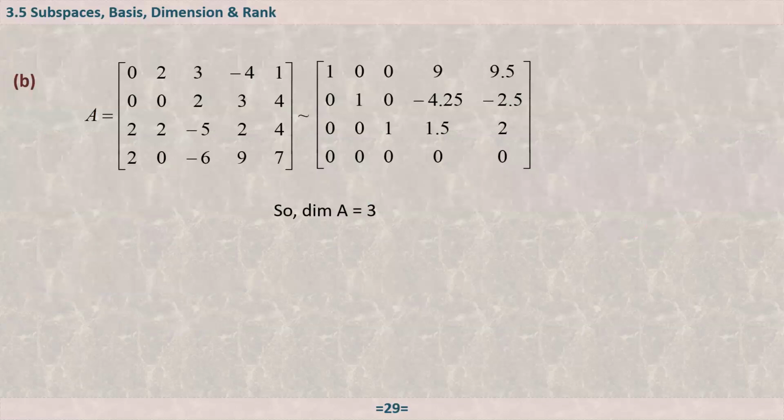Okay, another example. We did this example earlier in the previous videos. If you're given a matrix, this matrix is a 4 by 5 matrix.